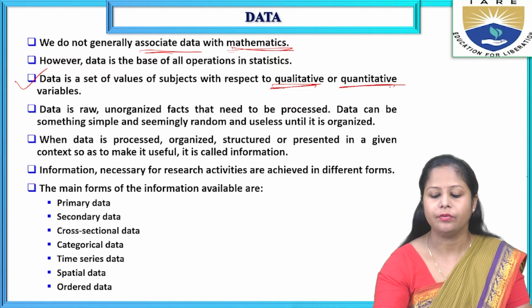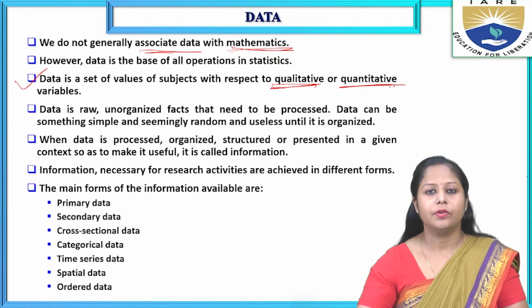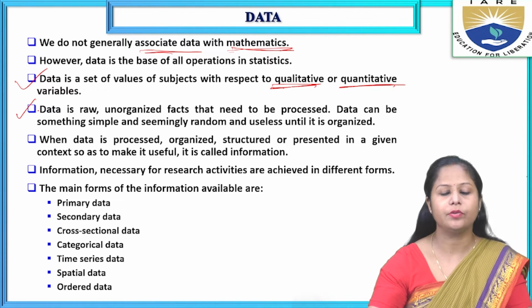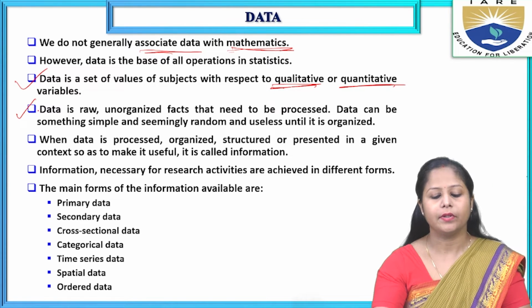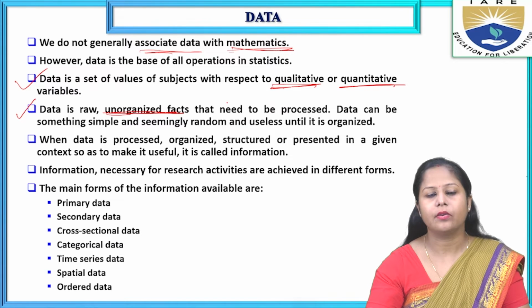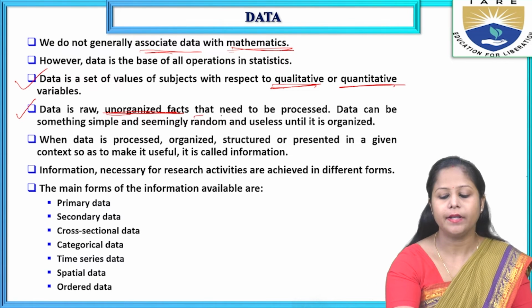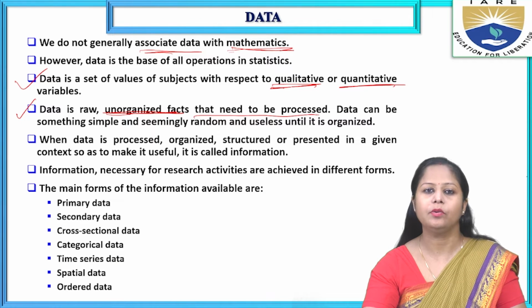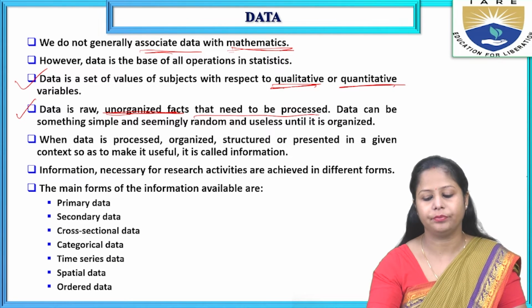Qualitative and quantitative variables. So data is raw, unorganized. The data we are going to use is very raw. That is also unorganized fact that needs to be processed. In data mining, we need to process that raw data.